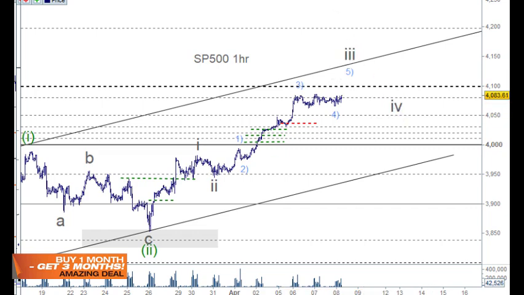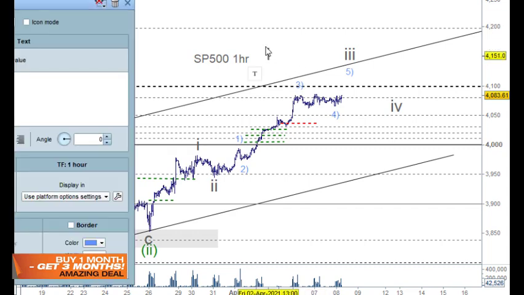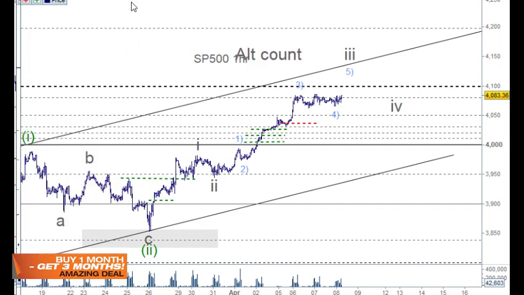I'll put that in there and check on that a little bit later. It just feels right if I do that, but it would be this little wave I've missed in here.